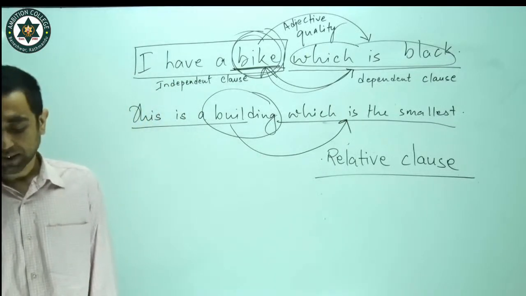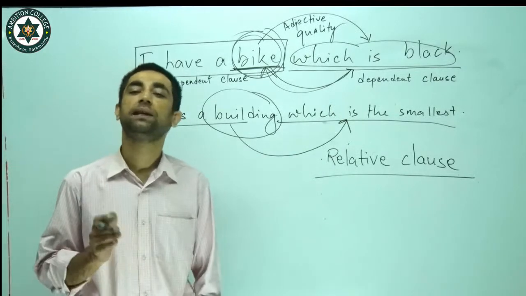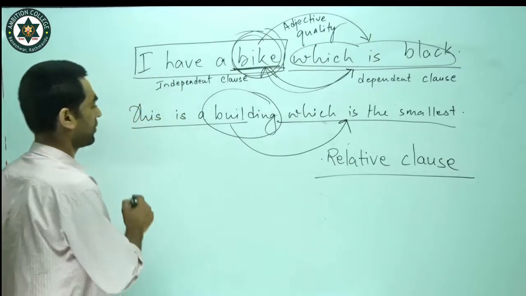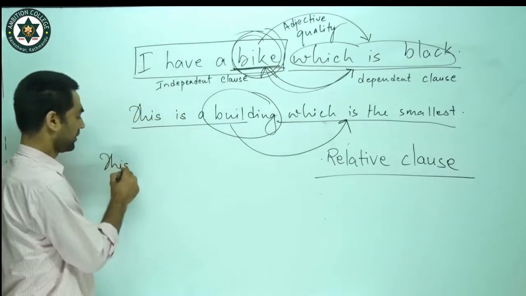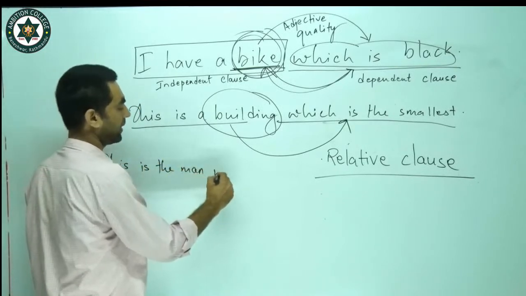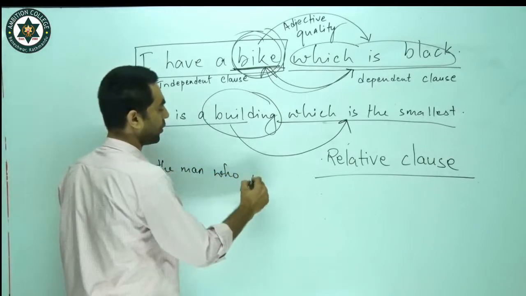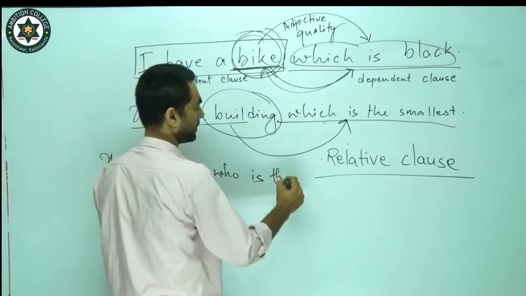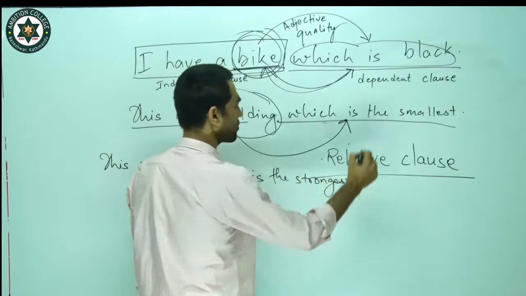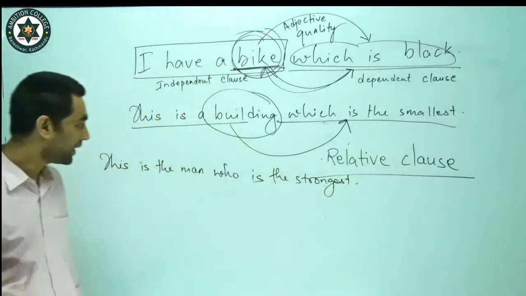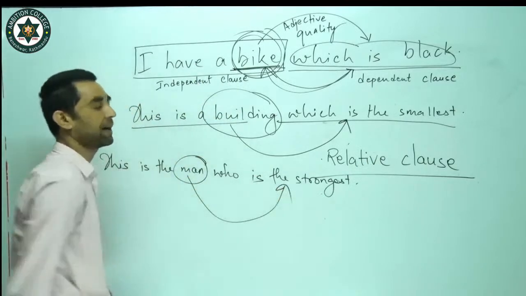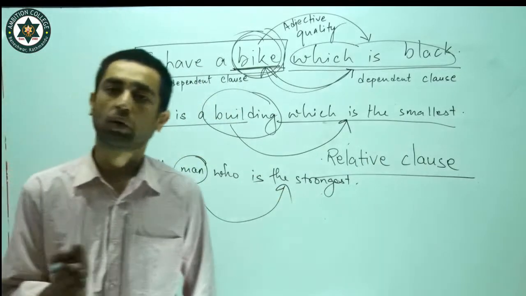This clause is used to describe the noun, any noun. This is the man who is the strongest, right? Here too we are explaining the quality of the man with this clause.